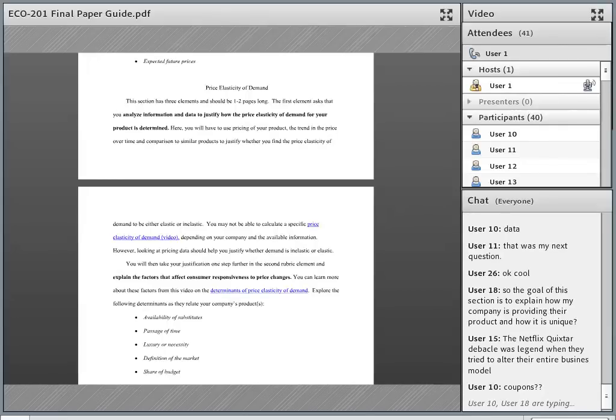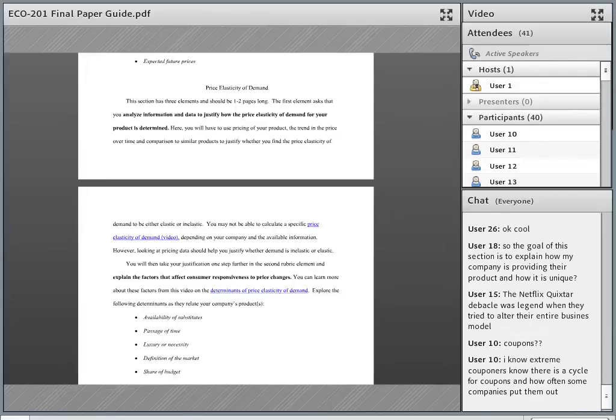But jeans go on sale all the time. Black Friday is a day that in essence shows that demand for a lot of those products is very elastic, which is why they show sales. So that's the kind of information you can look at to say, okay, this points to elastic demand or this points to inelastic demand. When companies always try to undercut each other on price, that also points to elastic demand.